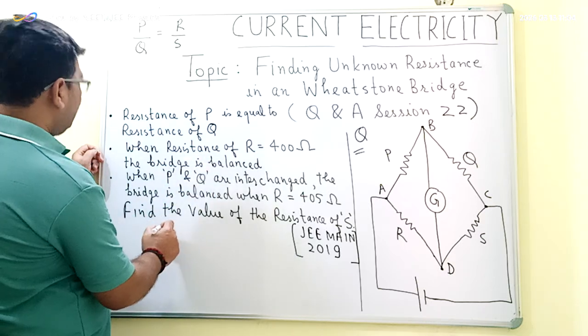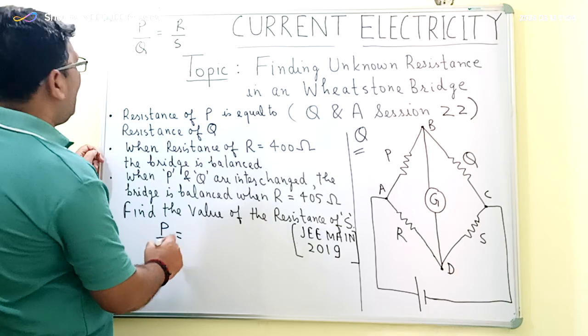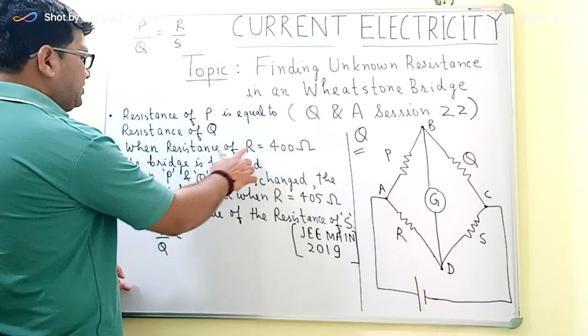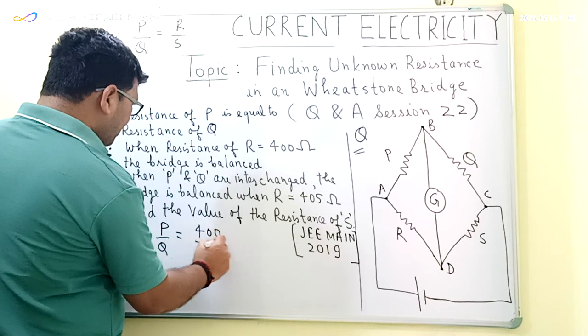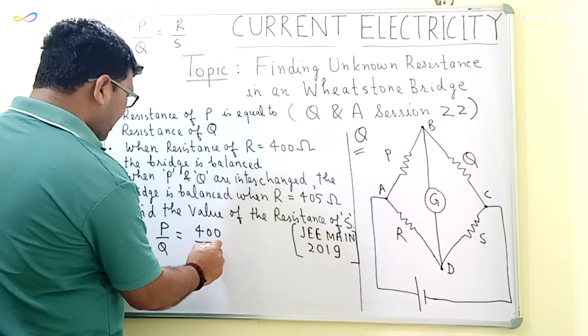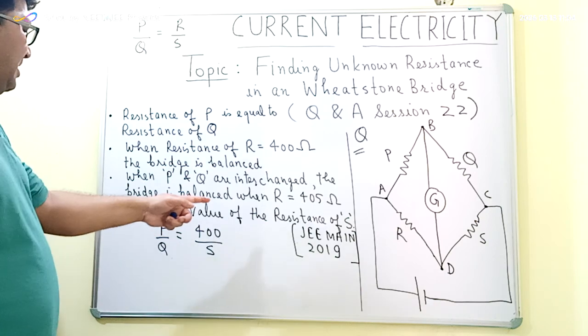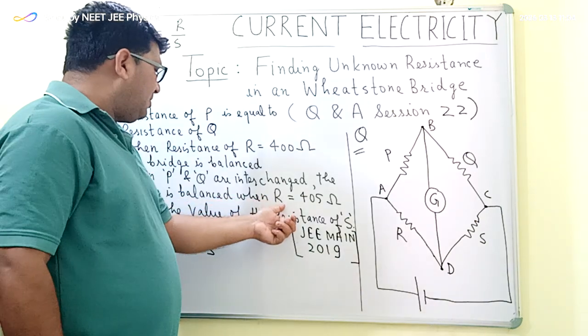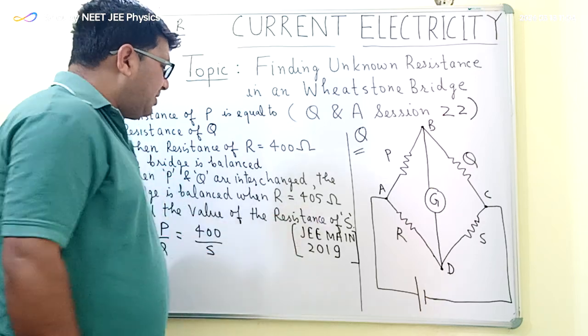So in the first case, P upon Q will be equal to R upon S. Now the value of the resistance R is 400, so I am getting the first relation as P upon Q is equal to 400 upon S. Now when P and Q are interchanged, the bridge is balanced when the resistance of the resistor R is equal to 405 ohm.